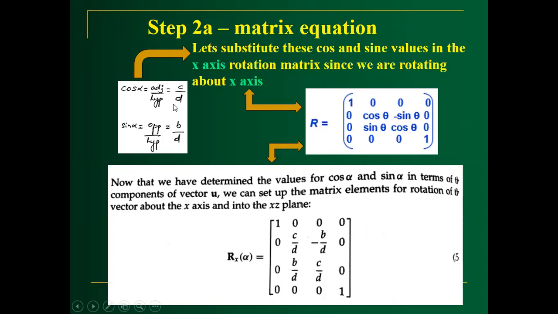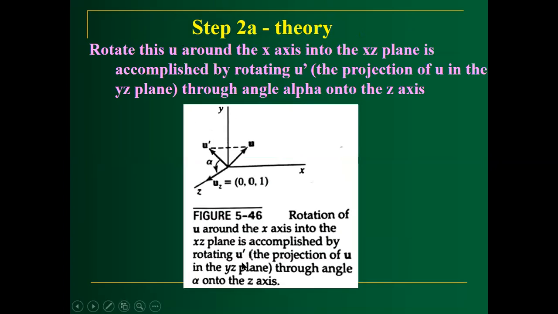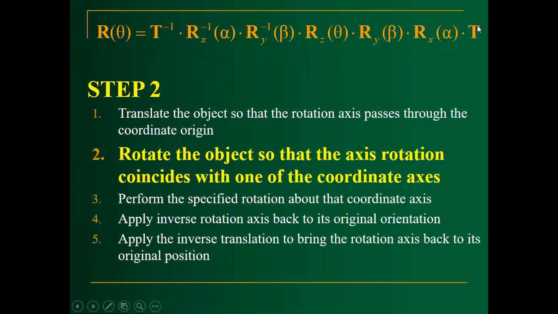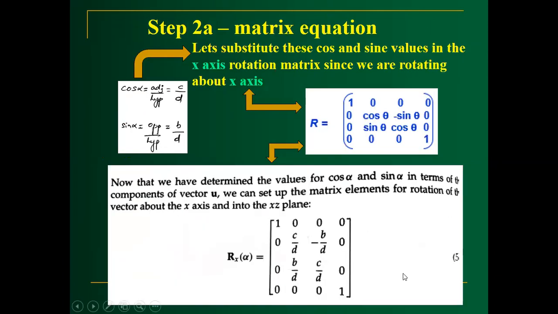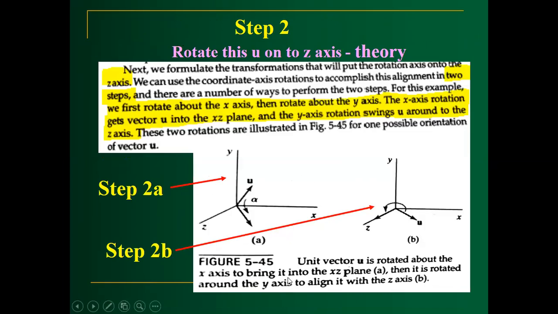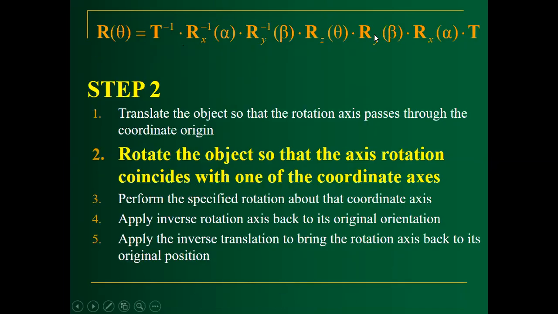Wherever we have cos theta, we will substitute C by D. Wherever we have sin theta, we will substitute B by D. This is how your Rx of alpha gets its final equation, something like this. Now you can ask me, what is this Rx of alpha? We're done with T in the first step, and now Rx of alpha is calculated like this. What is left is Ry of beta.